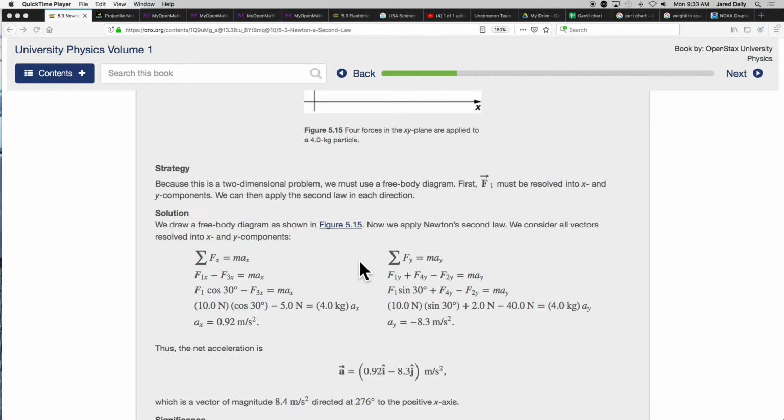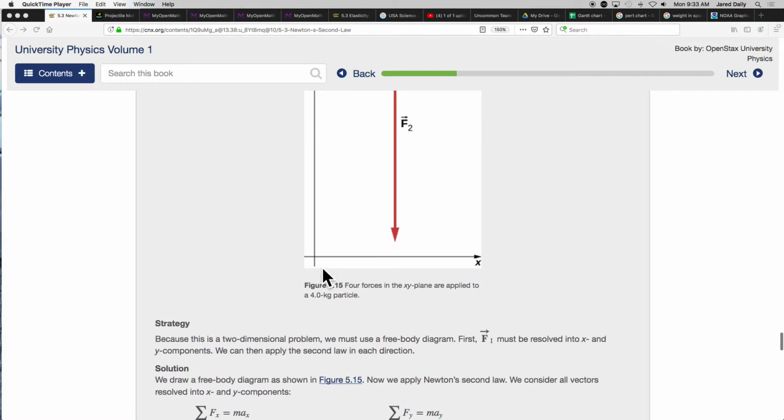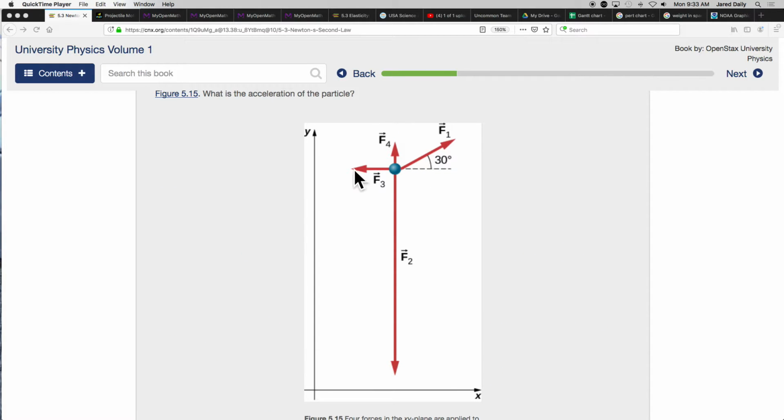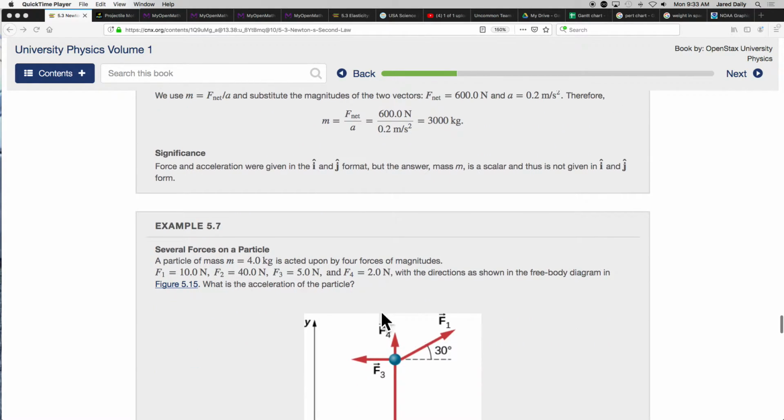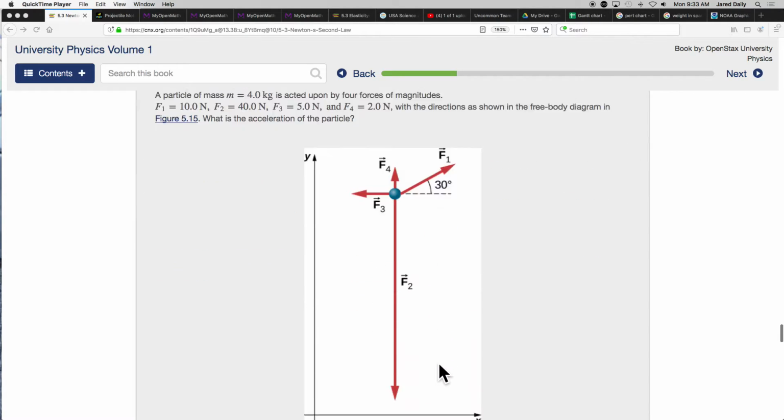So here we add up all the x dimension forces. We have F1 and F3x. So part of F1 is in the x direction, and all of F3 is in the x direction. So they have F1x, which is F1 cosine 30. And notice that they just gave it its positive direction, because we know that it's pointing in the positive x direction.